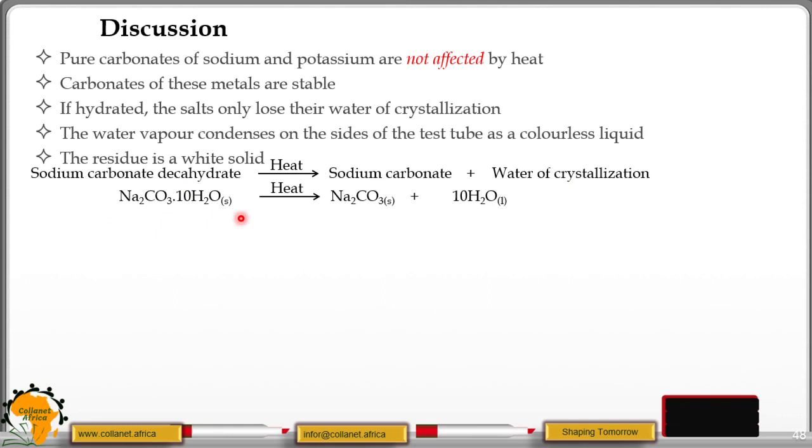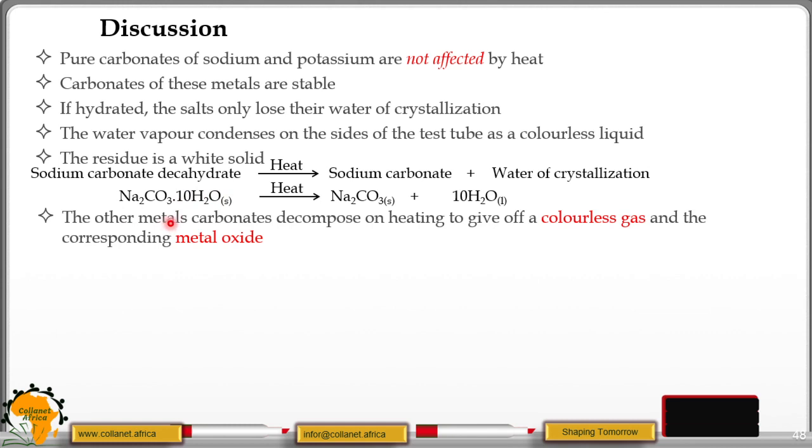So you're only losing the 10 molecules of water. That means the residue will have less weight. The decahydrate, which is a solid, will have more weight than the residue obtained, because you're losing the water of crystallization, and that water has weight. So you're going to have a decrease in mass.